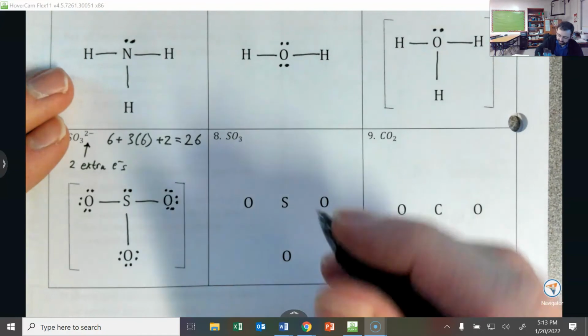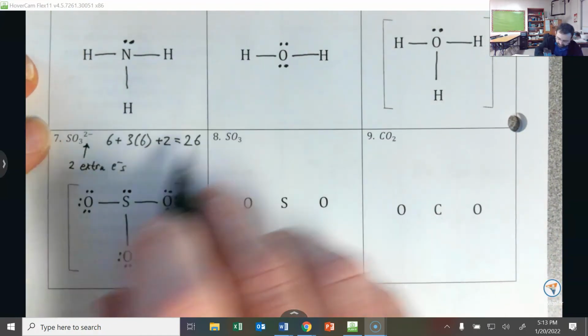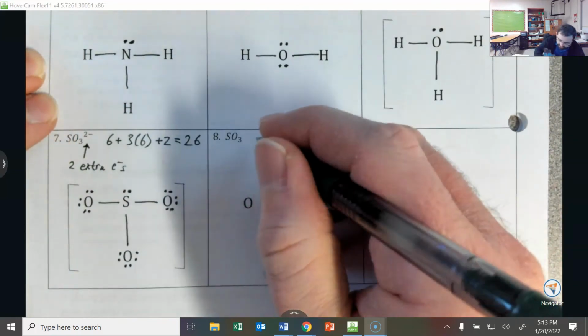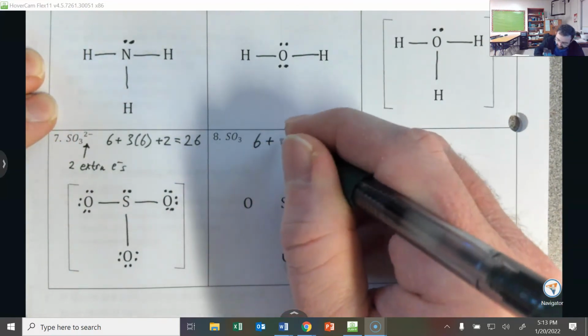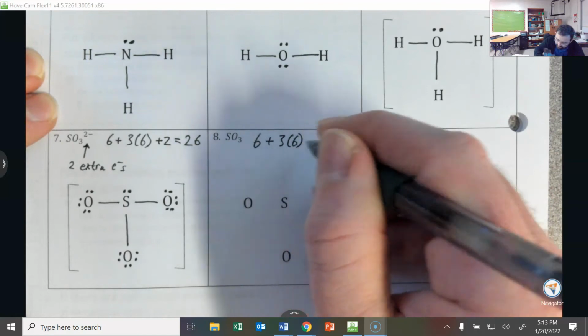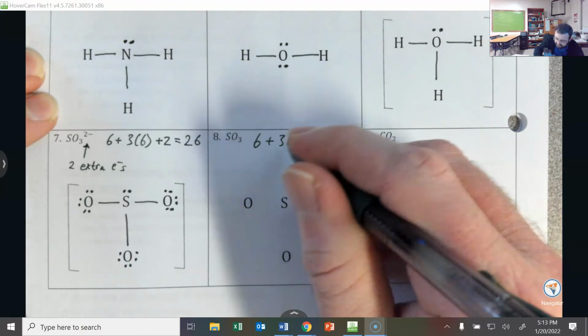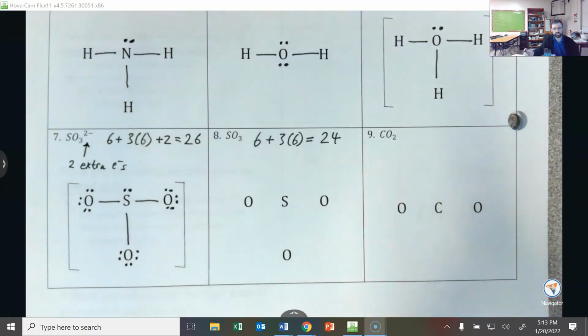Now we get to this one. I've got SO3. The difference here is I don't have the negative 2 charge. It's just SO3. So that's 6 plus 3 times 6. 6 times 3 is 18 plus 6 is 24.